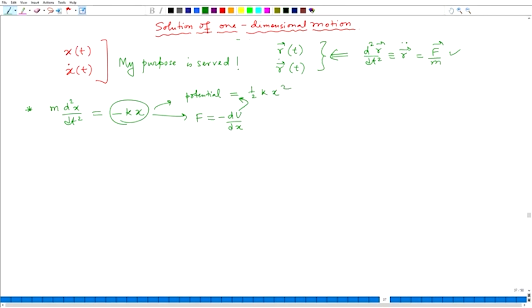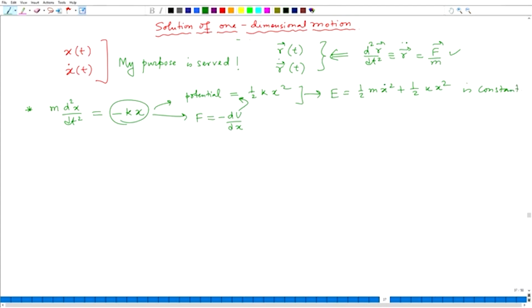And of course, in this case the total mechanical energy, half m x dot square plus half kx square, is constant.